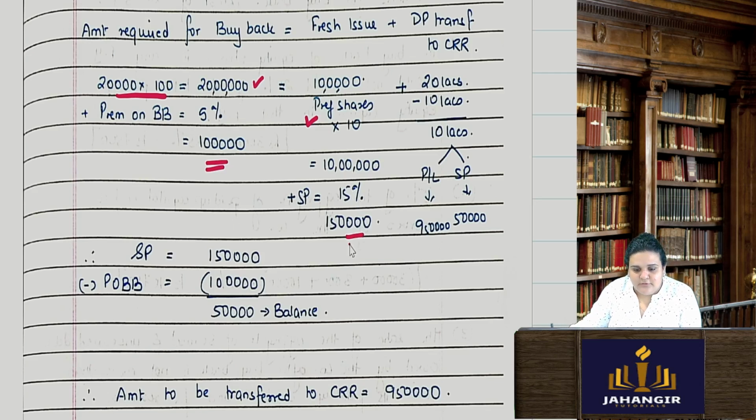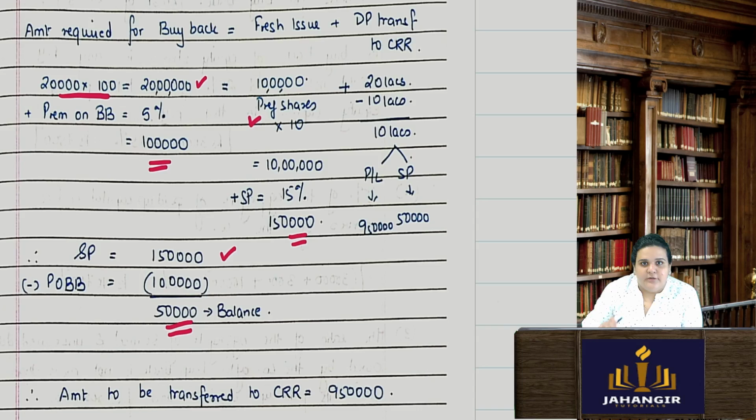So 1,50,000. Now my securities premium, I have 1,50,000. Premium on buyback I have to give is 1 lakh. So 50,000 I still have balance in my securities premium account. I can use that for my buyback also, no? Securities premium account can be used for the purpose of buyback.